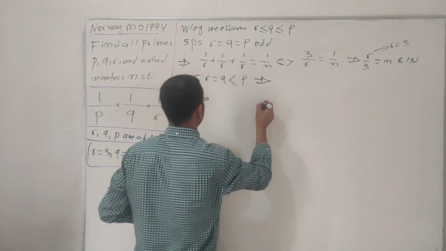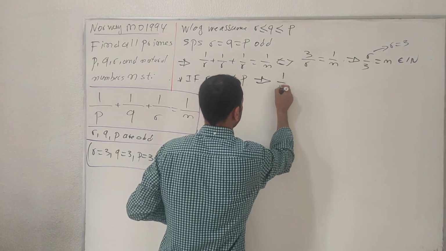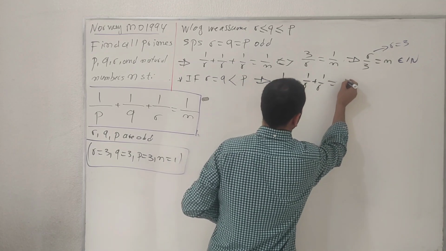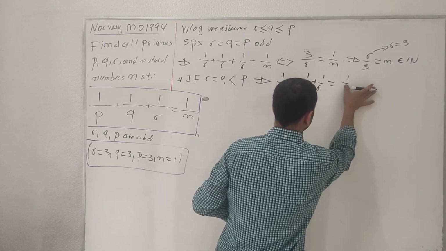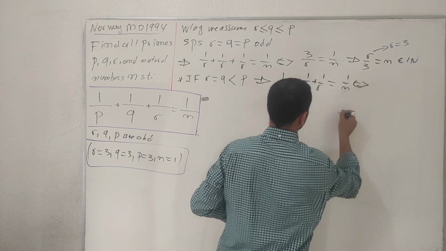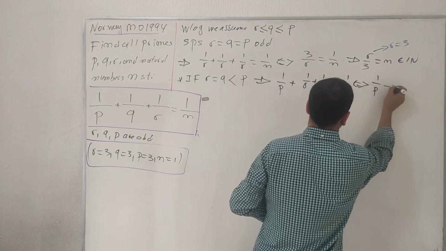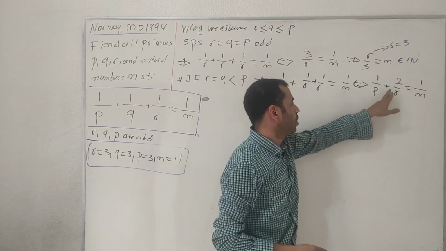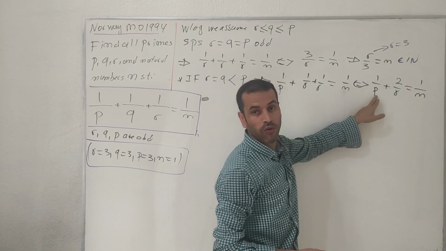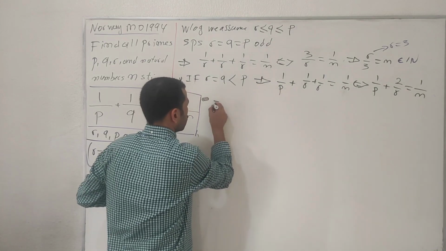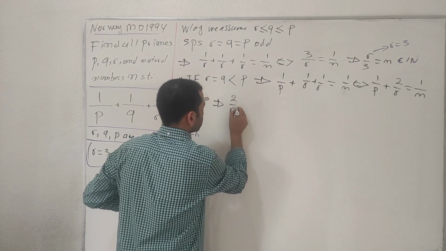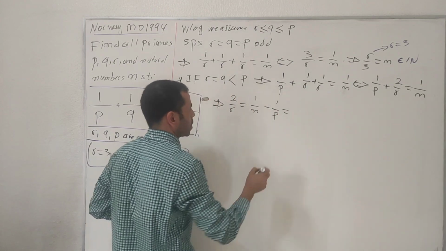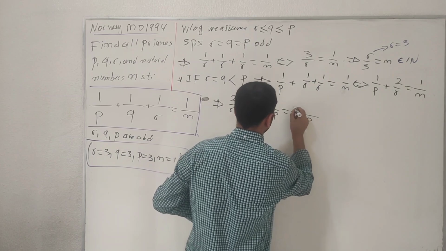This one is telling us 1 over p plus 1 over r plus 1 over r equals 1 over n. This gives us 1 over p plus 2 over r equals 1 over n. I'm going to move the reciprocal of p to the right. I will have the following equation: 2 over r equals 1 over n minus 1 over p. By making np a common denominator, I get np here, and p minus n.